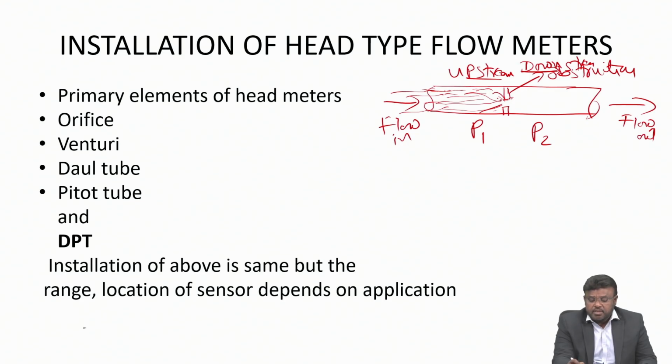After the obstruction, all the flow particles will again diverge. At a particular point, we have the maximum pressure, the minimum velocity of the fluid particle. This is called vena contracta.